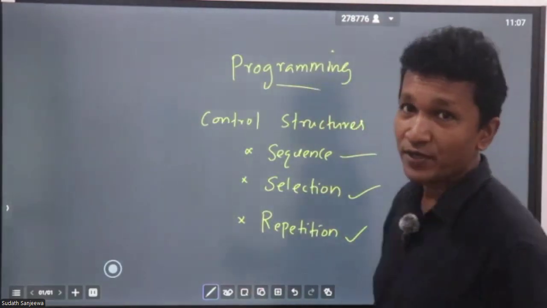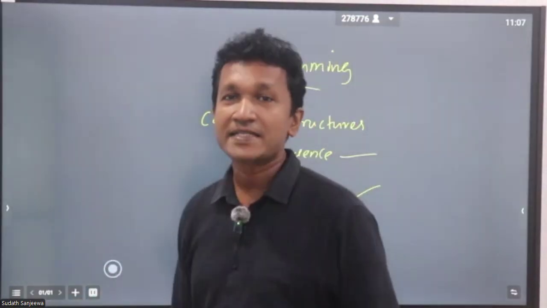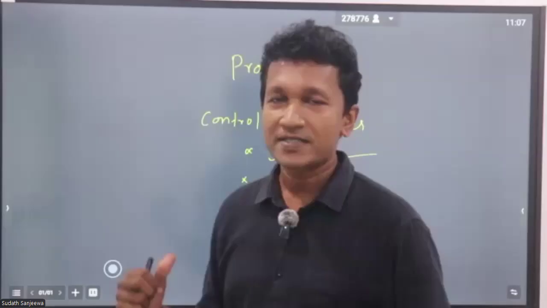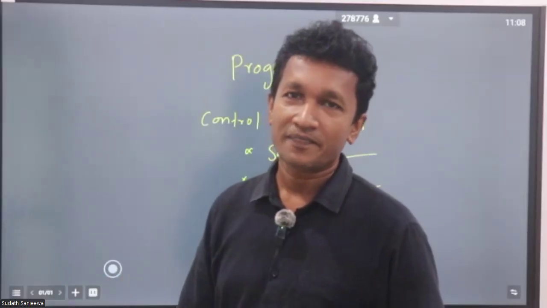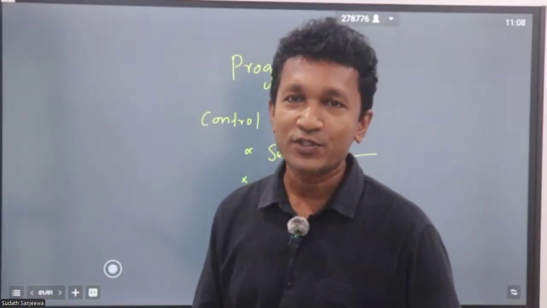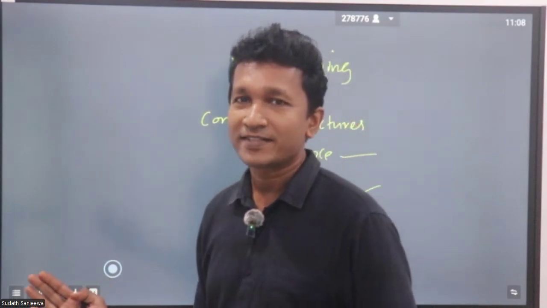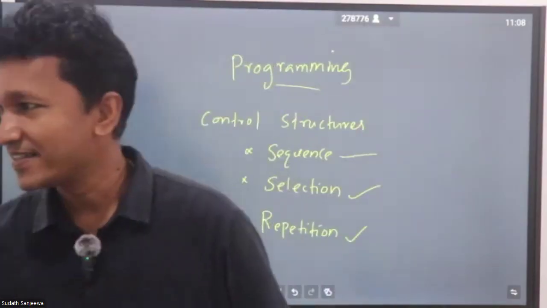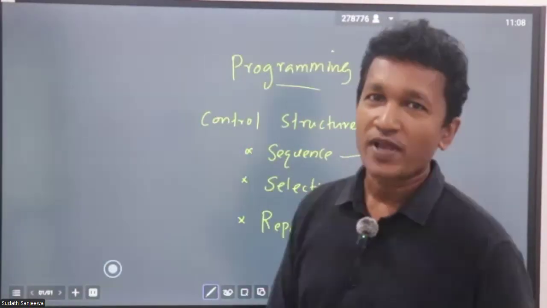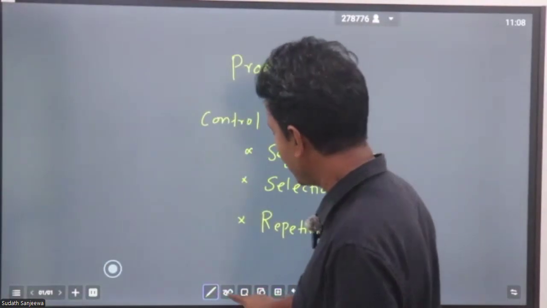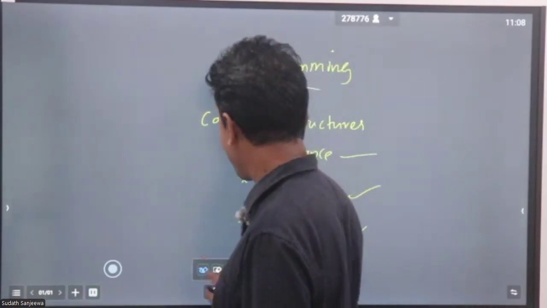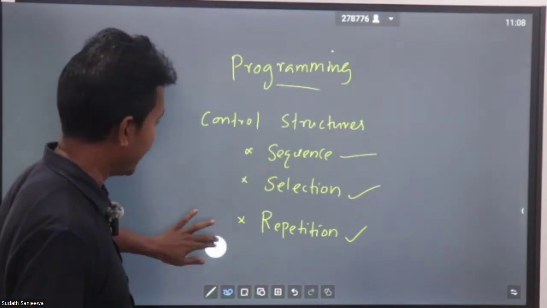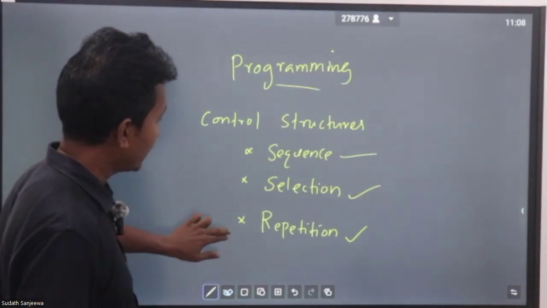Now, today we are going to have some examples, some flow charts for sequence, selection, and repetition, and we will map the same thing into Scratch programs. Yes, I think you have some idea about Scratch with the experience of grade 8, right?